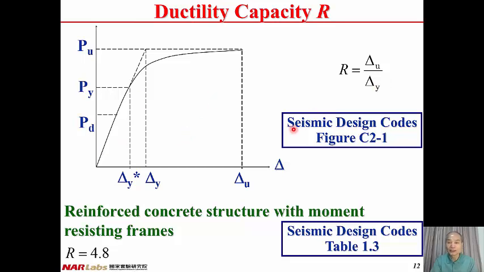The figure here is taken from Seismic Design Codes figure C2-1. From Seismic Design Codes table 1.3, we can look up the ductility capacity for different structural systems. And here's an example. If the structural system is reinforced concrete structure with moment-resisting frames, according to this table, the ductility capacity R equals 4.8.